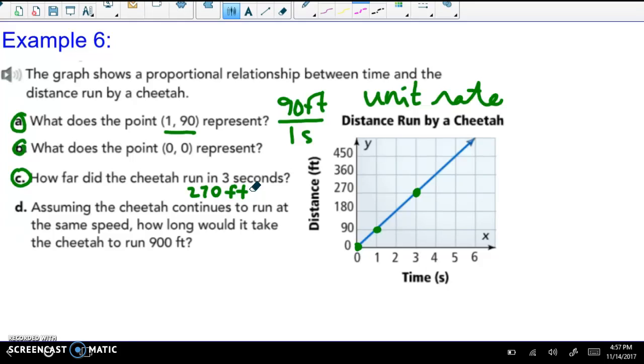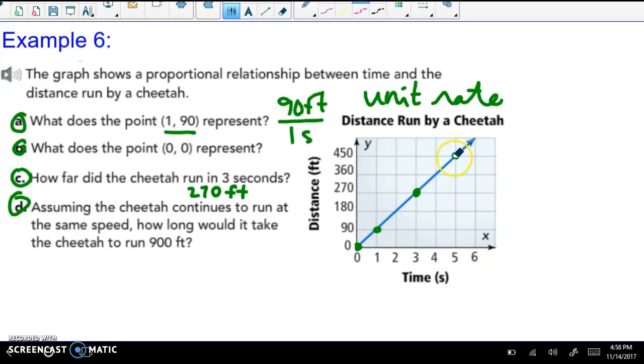Now we can also use graphs to make predictions. So assuming the cheetah continues to run at the same speed, we can see a constant rate here. How long would it take the cheetah to run 900 feet? All right, so my graph stops here at 450 feet. And it took him 5 seconds to run 450 feet.